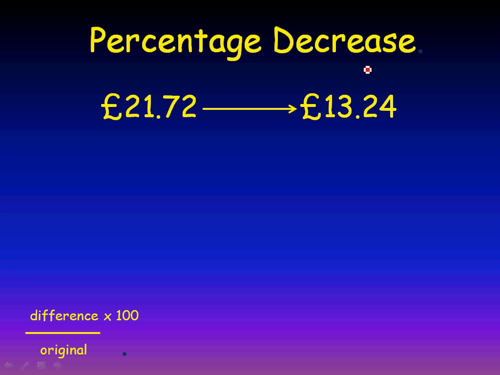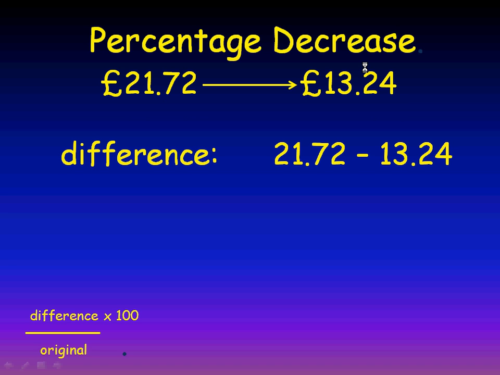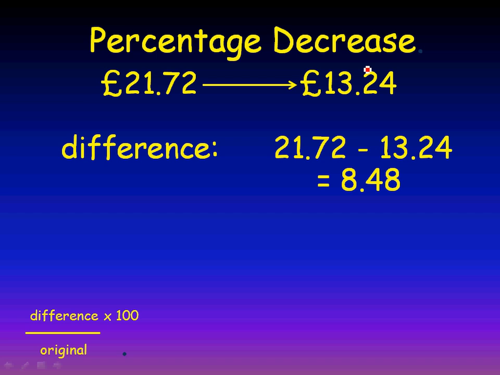So £21.72 take away £13.24 is going to give us the difference, the numerator out of our fraction in the equation, the top part. If you work that out on a calculator or in your head, £8.48 is going to be your answer. So already we've been able to find that £8.48 is the difference.